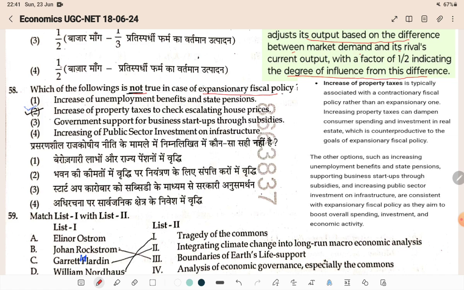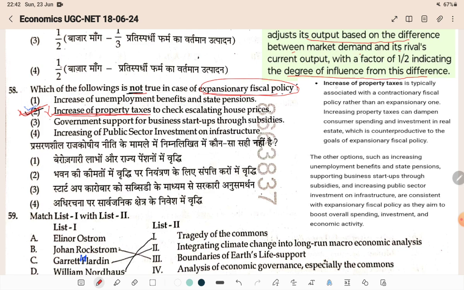The question is asking which is not true about expansionary fiscal policy, so this increase of property taxes, in expansionary fiscal policy there will be a decrease. So this will be the right answer of this question. And the third option, government support for business startups through subsidies and increase of public sector investment on infrastructure. The first, third and fourth are true for expansionary fiscal policy.